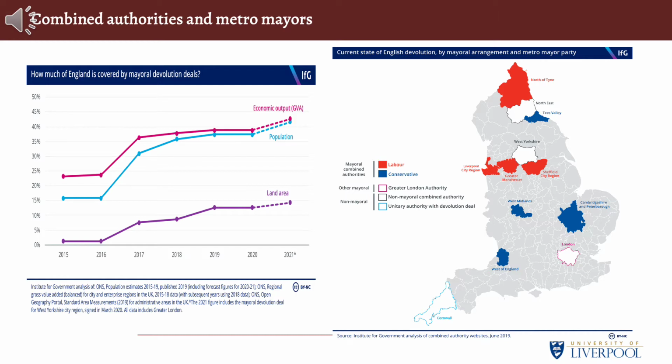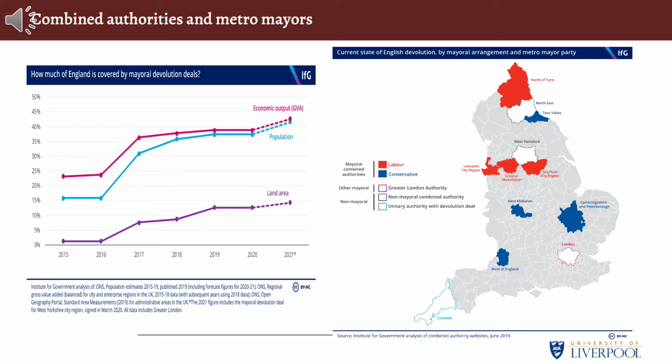One is that every area of England is covered by a combined authority, possibly with a metro mayor. And so that might look like lots of different county councils perhaps being banded together into one combined authority, or it could mean that county councils also get the same powers that are given to combined authorities.